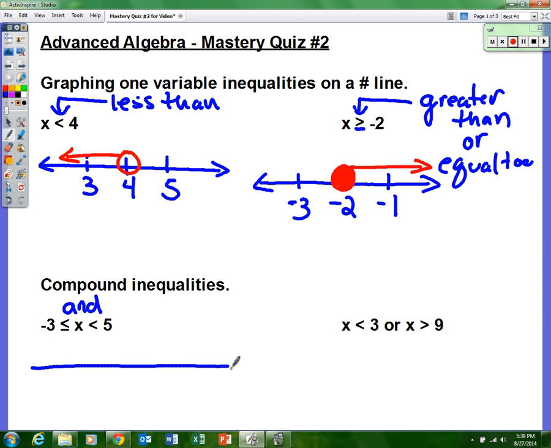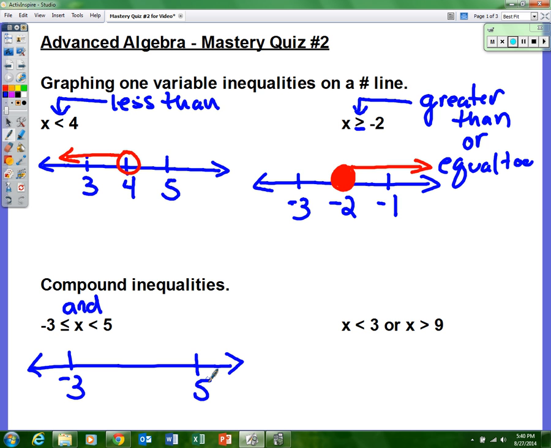So, make our number line. Now on this number line, I'm going to go ahead and put -3 on the left, because that's the smallest. Remember, smallest is always on the left. And I'm going to put the number 5 on the right. And I'm going to imagine that all the other numbers are in between. -2, -1, 0, 1, 2, 3, 4.